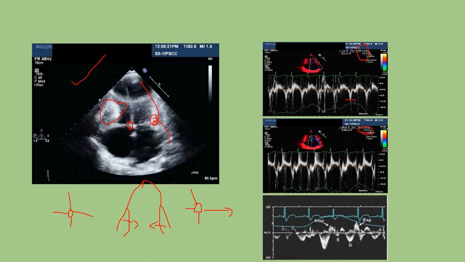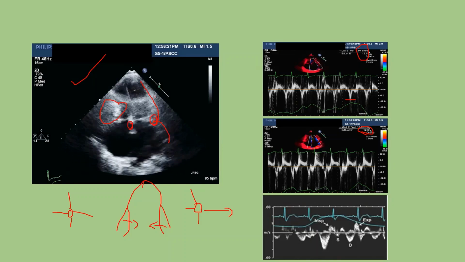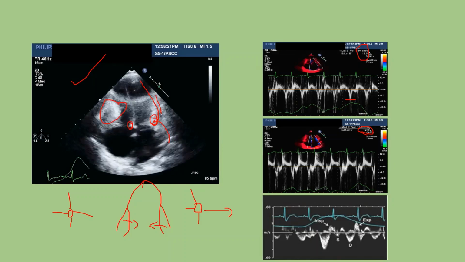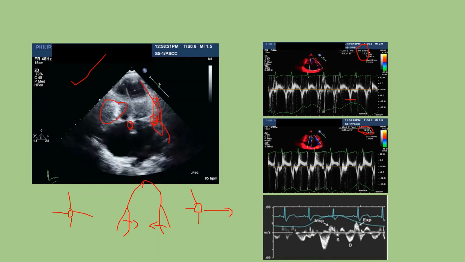So when you have constrictive pericarditis, what you have is a calcified fibrotic pericardium overlying the lateral annulus. So it becomes more tethered than the medial annulus. So it goes slower. Okay, it goes slower. So this one becomes slower.